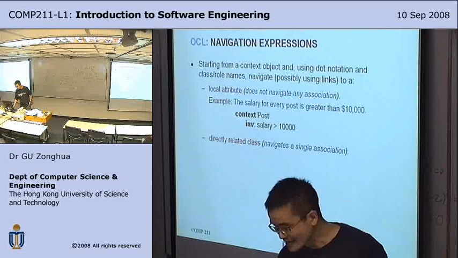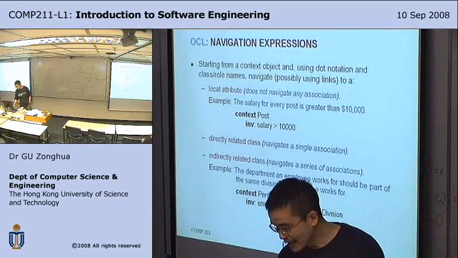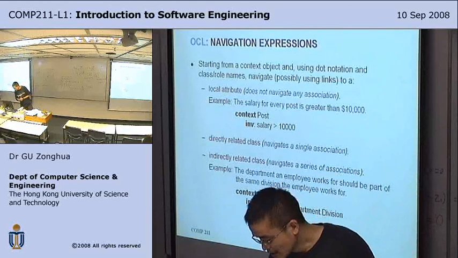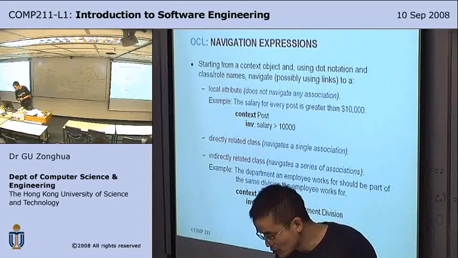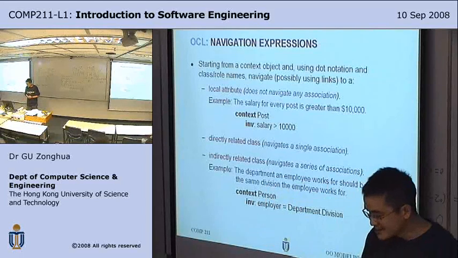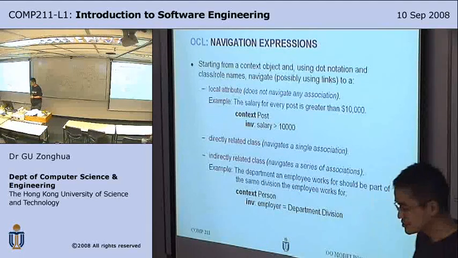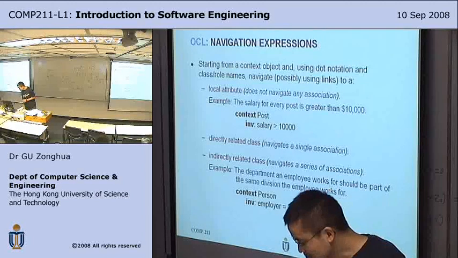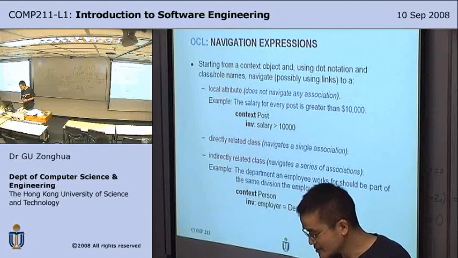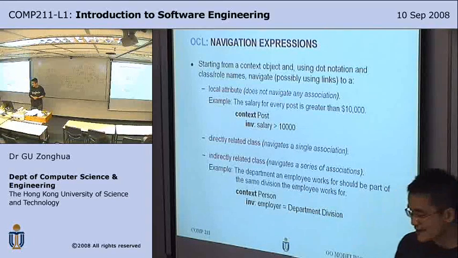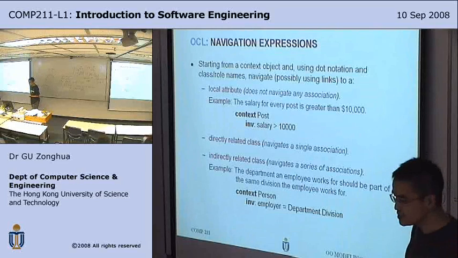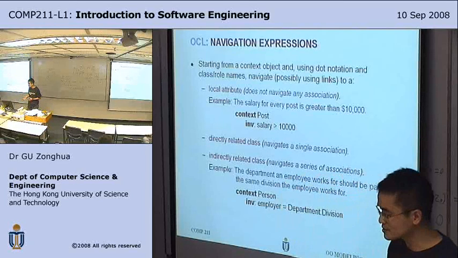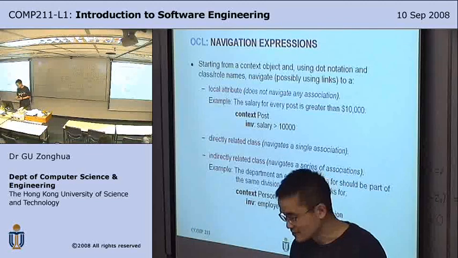Or directly related class and indirectly related classes. So here's the example of an indirectly related class. Starting from the context Person, you have the invariant that says the person's employer must be the same as the person's department's division, right?